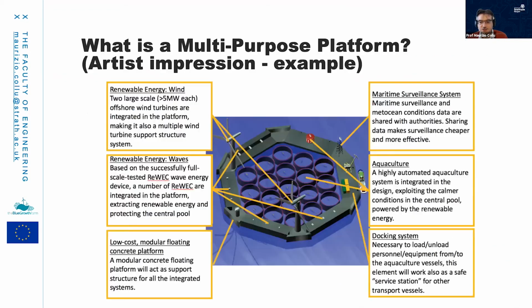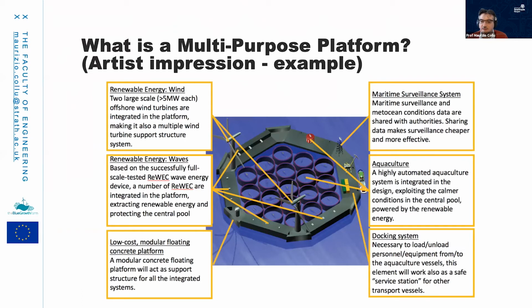Again, this is just as an example, an artist's impression of a multipurpose platform. It's a platform where you may have different industries. Here, you can see 2 wind turbines, a wave energy converter, and a maritime surveillance system.